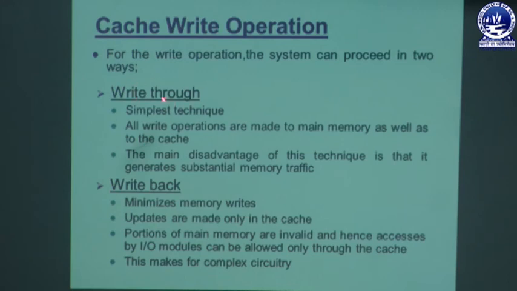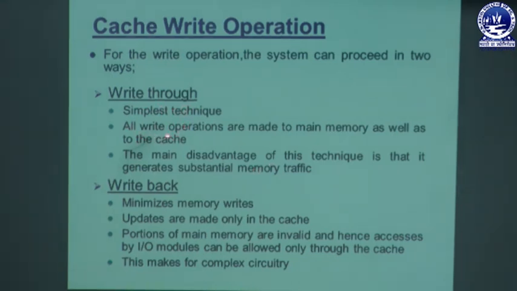The main disadvantage is that this technique generates substantial memory traffic, or you can say that the processor has to generate another write signal to do the write operation for the main memory. That is the main disadvantage of the write through protocol.